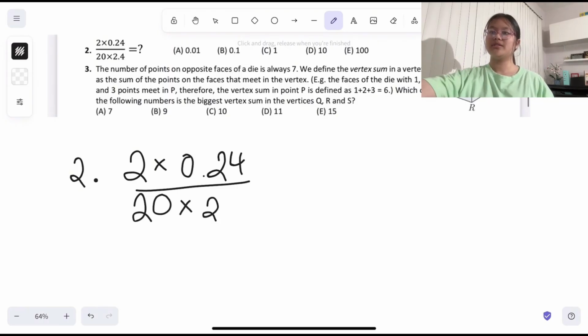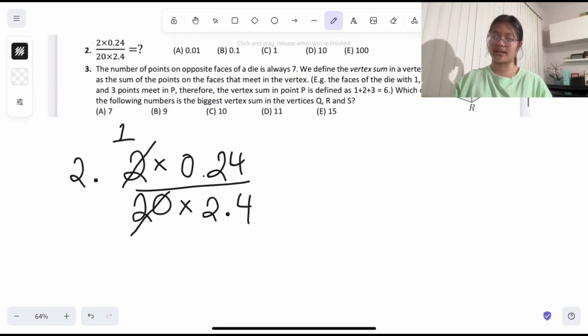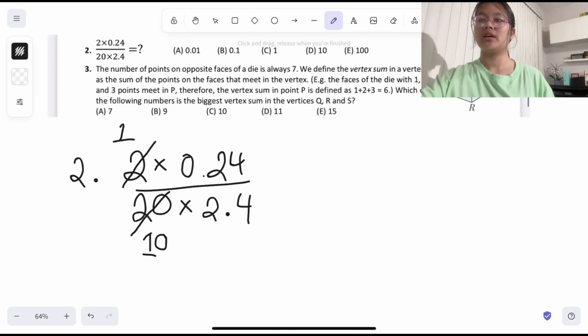What we can do is see if there are any common factors and cross them out. For example, 2 and 20 are both divisible by 2. So 2 on the top becomes 1, and 20 on the bottom becomes 10. Now we can see if the other ones have similar factors.